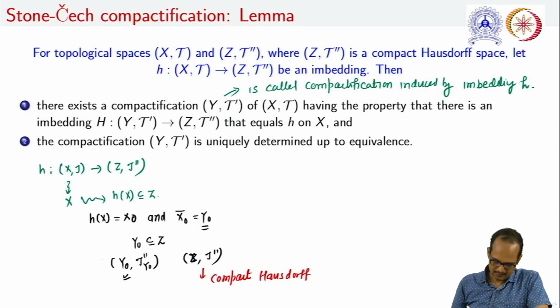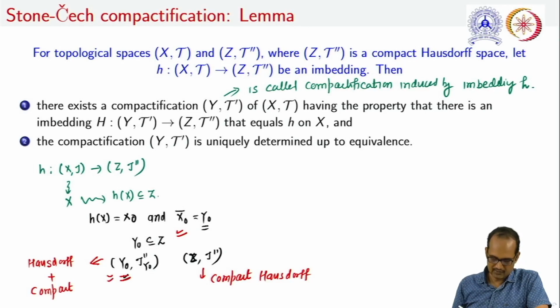Obviously, we can say that this is Hausdorff. Further, because this Y naught is nothing but the closure of X naught, this is a closed subset of a compact Hausdorff space. So we can also say that this space is compact too.